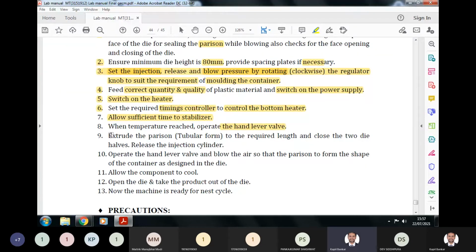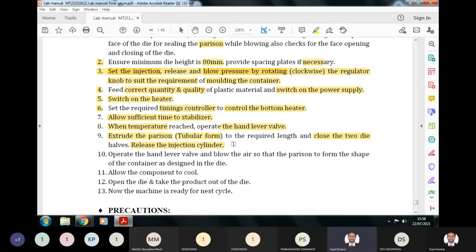Once the temperature is set, then extrude the parison. Means parison will be made and it will come out from the extruder machine and insert into the cavity. So extrude the parison. Parison is what? That is tubular form. Okay, to the required length and close the 2 die halves and release the injection cylinder.